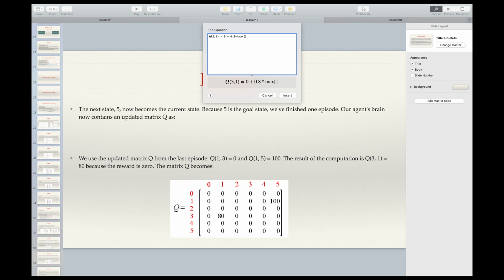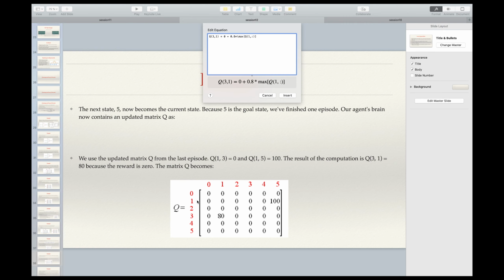So basically here we are taking the max of Q5 and all the possible Q values. If we look here, for example, sorry, it is 1 because we moved to room number 1. So we are at 3. We randomly select the action number 1, and the value here is 0.